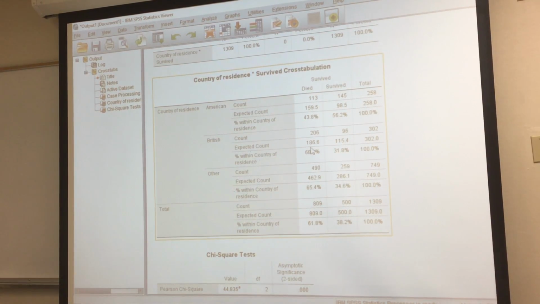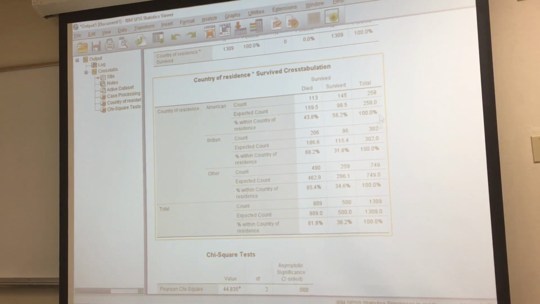That means I expect that among the British people, there would be less than 200 who died, but actually more than 200 people died. So the percentage of the died people is higher than the overall percentage. So it sounds like for the British, they're more likely to die, but for American people, they are less likely to die.